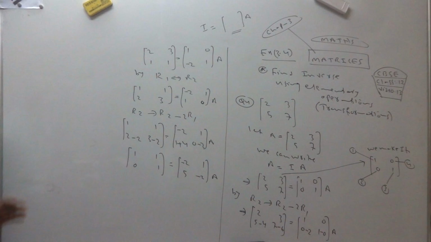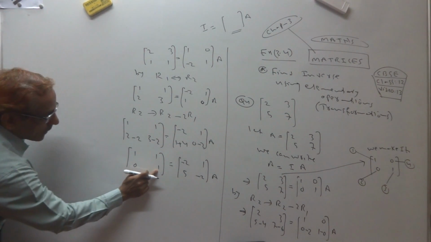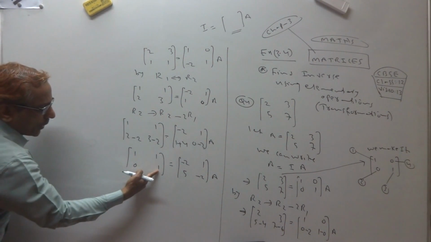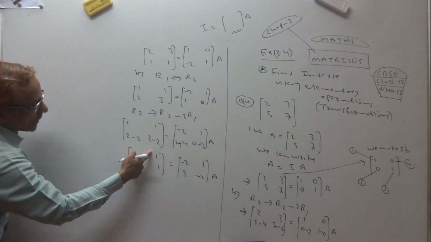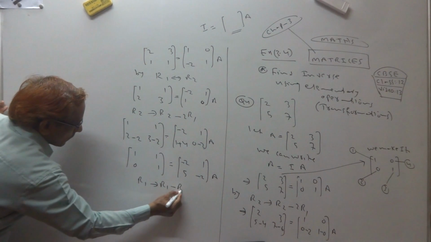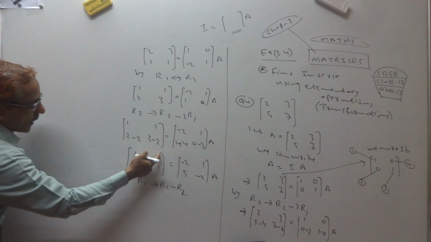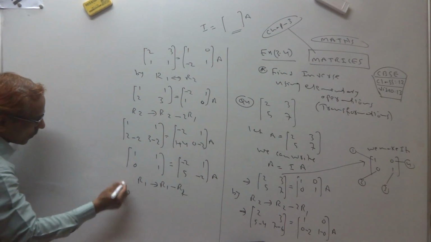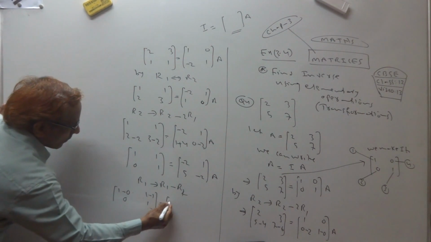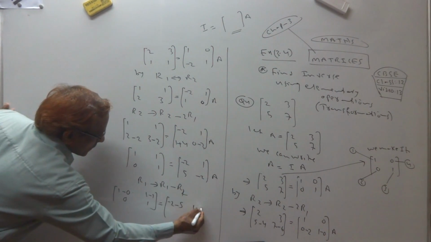Now finally we make the other entry 0, so R1 gives R1 minus R2: 1 minus 1, I get 0 here, and on the right minus 2 minus 5 gives minus 7.